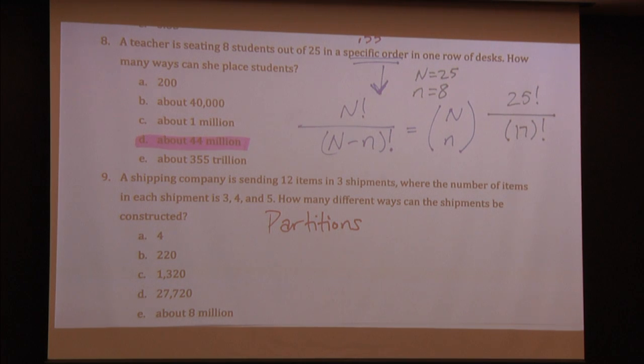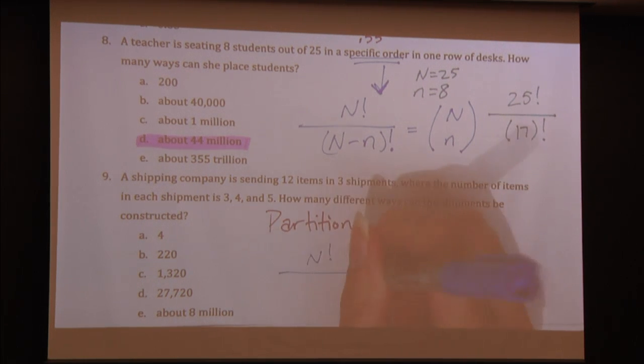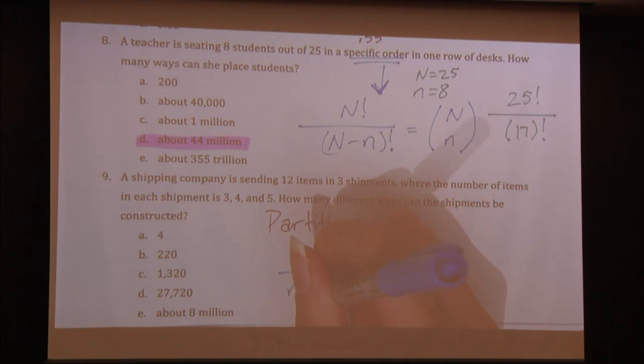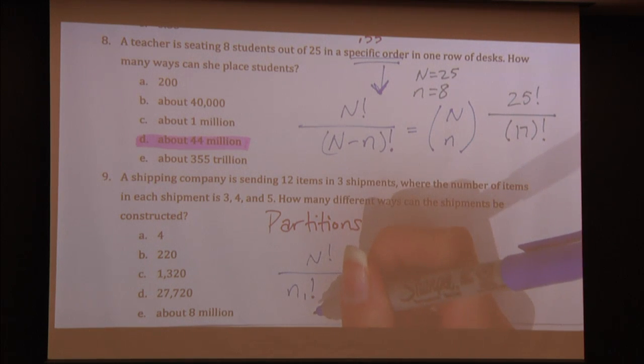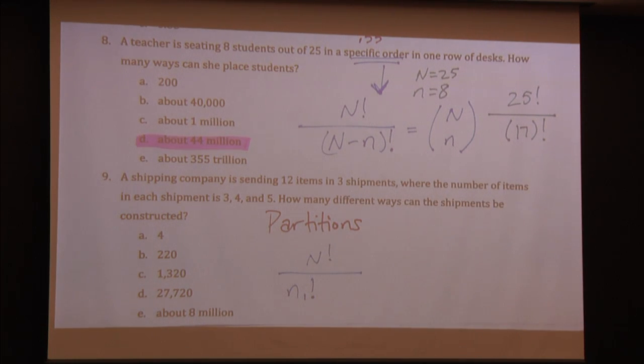What does the partitions formula look like? So n1 factorial. For this problem, how many little n's do we have? We're doing 3 groups with these numbers in each group. So how many little n's on the bottom are there? 3.